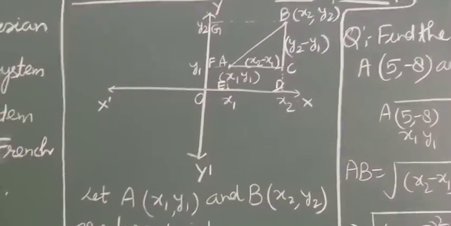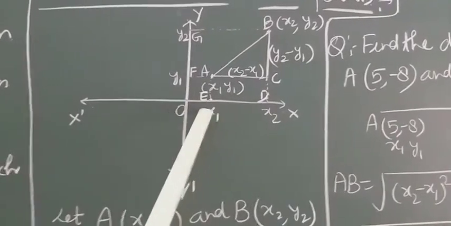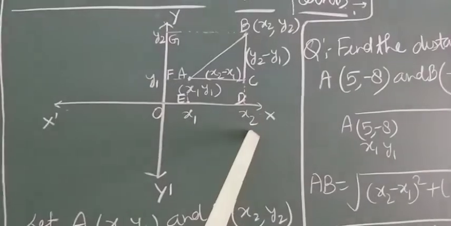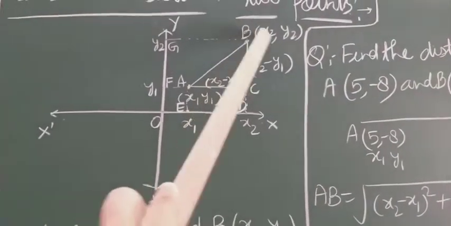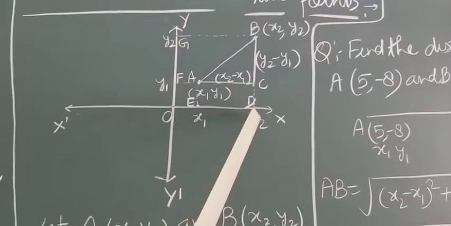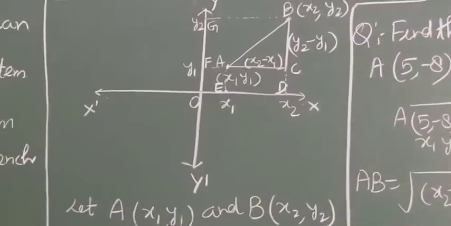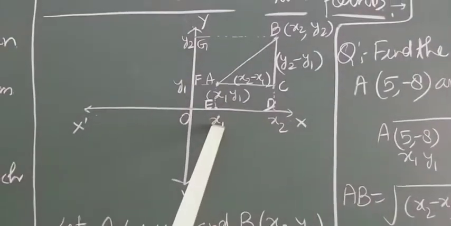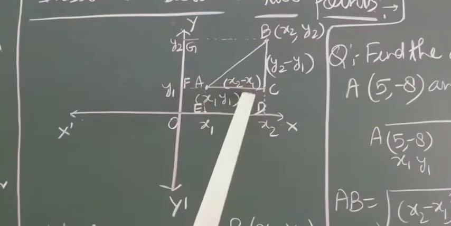Okay students, now OE equals x1 and OD equals x2, students, because the coordinates of point B are x2, y2. That's why the coordinate of point D is x2. So we can say DE equals x2 minus x1, and DE equals AC, so AC is also x2 minus x1.